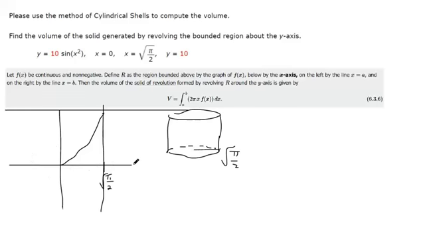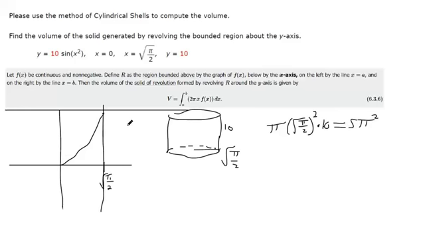So the volume of the big region is pi r squared h. The radius is square root of pi over 2, times h. And then if you simplify that, the square root being squared gives us pi over 2. Pi times pi gives us pi squared. And then 1 over 2 times 10 gives us 5. So that's the volume of this big region.